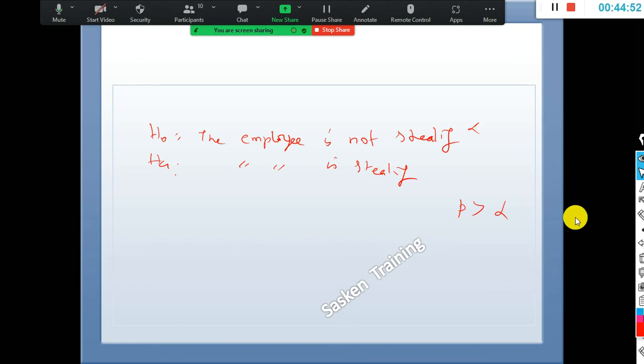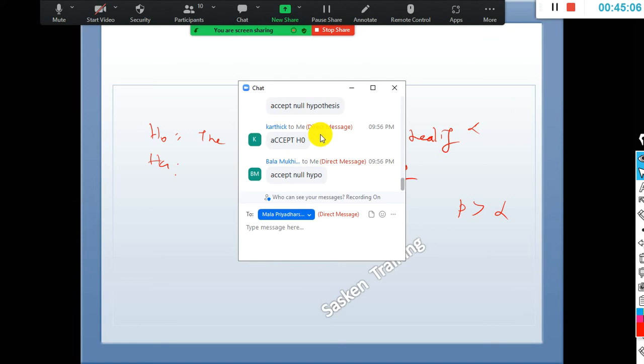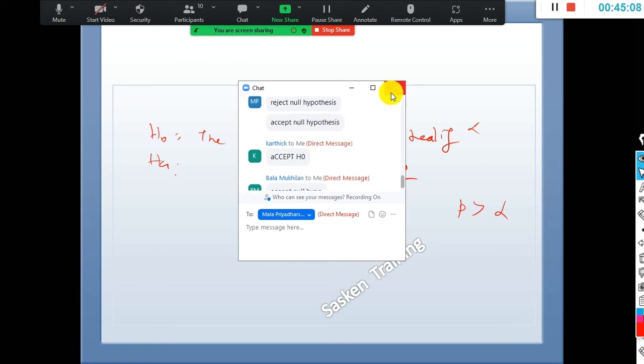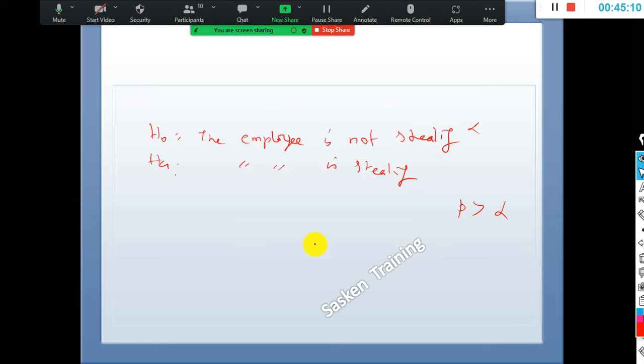If P is less than alpha, reject the null hypothesis. If it is greater than alpha, what will he do? Yes, accept the null hypothesis, that is correct, but in statistics you are not supposed to say accept the null hypothesis.